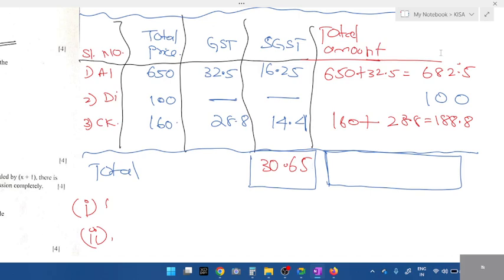Okay, 971 point. So any GST question, do it like this, students. Whichever is required, draw that table.